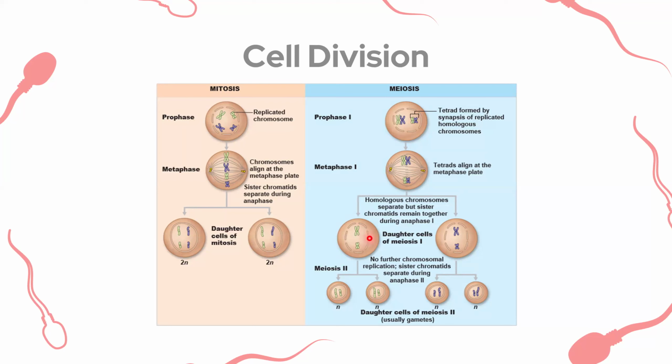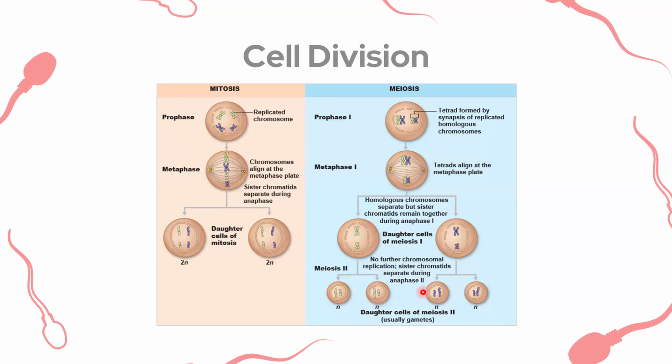So we don't do a duplication where we move this once again to 4N. We just immediately take this 2N and split it into 2, okay? So here we had a 4N that split into 2N and 2N. Here we will also have a 4N, but it goes into 2N and then into just N. So we're going to end up with a haploid cell.